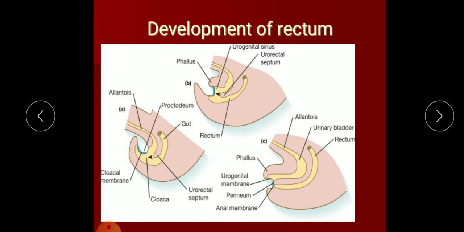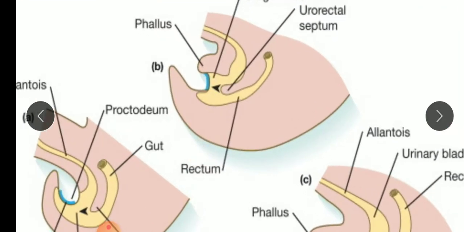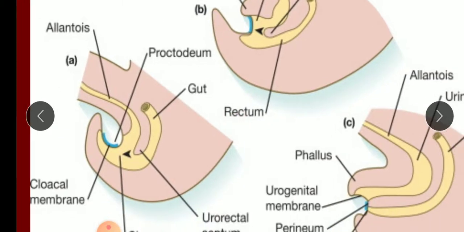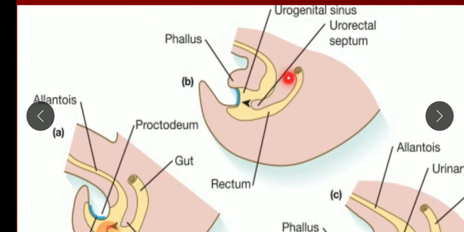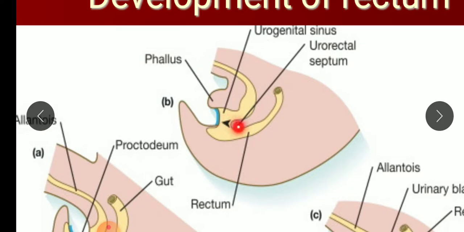Fine. And one more thing you have to notice, this whole cloaca will be closed exteriorly by the cloacal membrane. Now what happens is, as the urorectal septum comes, it will subdivide the cloacal membrane into two.